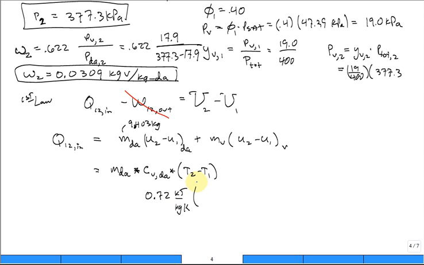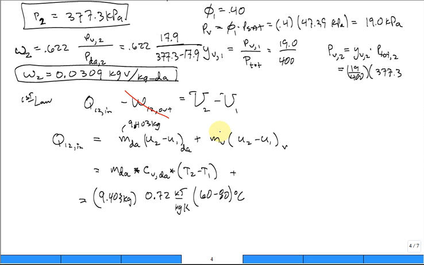And then this was 60 minus 80 Kelvin or degrees C, they cancel, temperature change, and then 9.403 kilograms. So that's how you calculate the amount of energy required, or heat transfer required, to reduce the dry air temperature from 80 to 60.